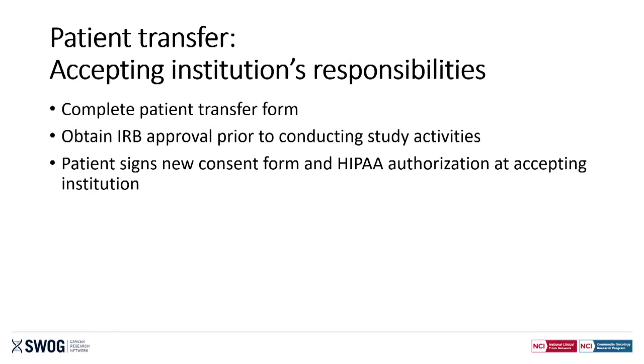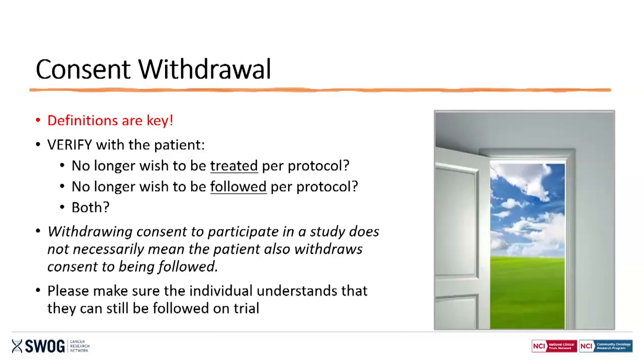And then you need to work with your regulatory team and compliance folks on your team to make sure that you're in good stead with the consent form that's signed for your institution and your HIPAA authorization. So some things have to be in place before we can just say, great, you can go see that doctor over there at that other clinic. There's some really important things.